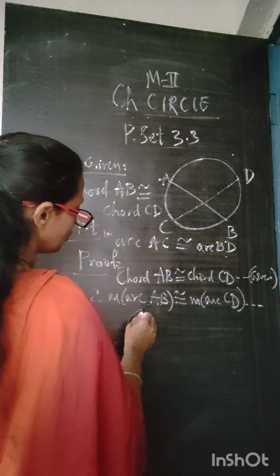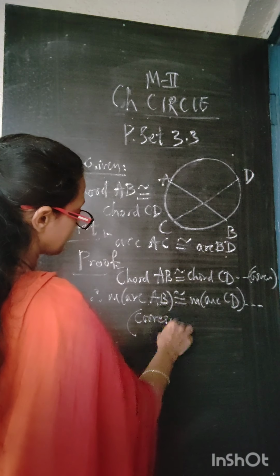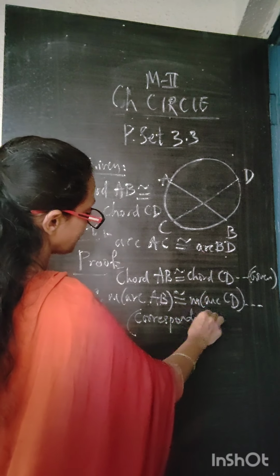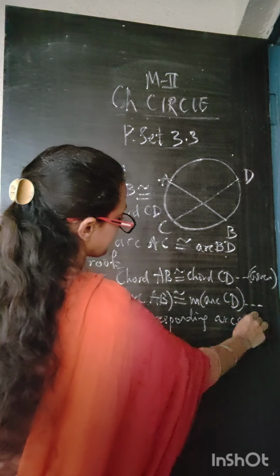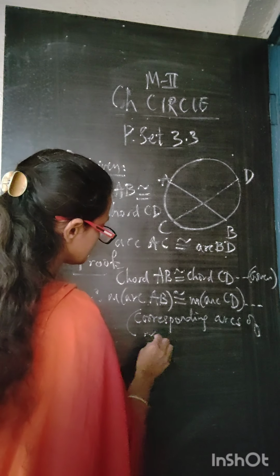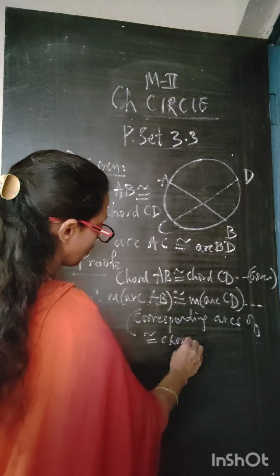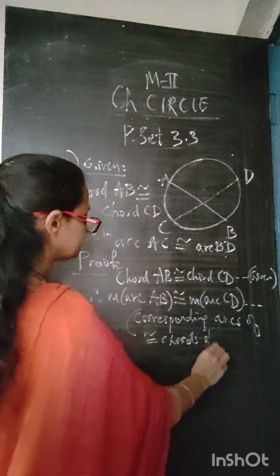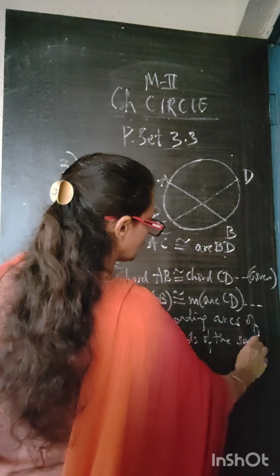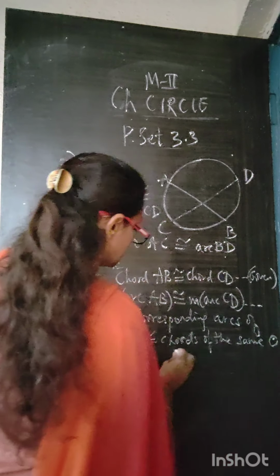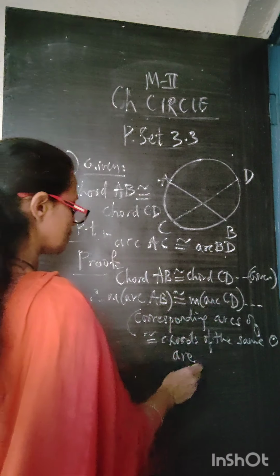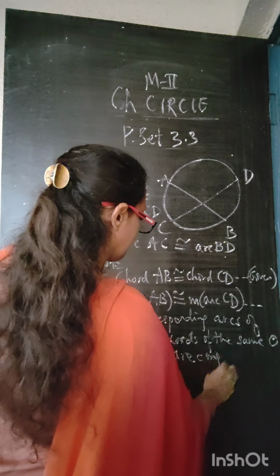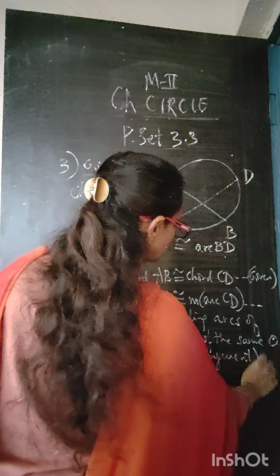Reason: we know corresponding arcs of the congruent chords of the same circle are congruent. That's why we got the arcs congruent. This is the reason we also have to write down.